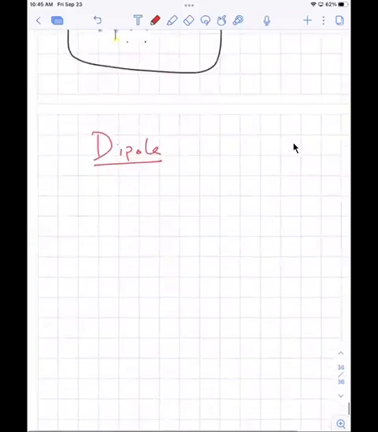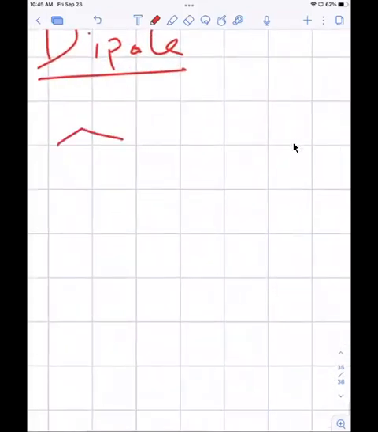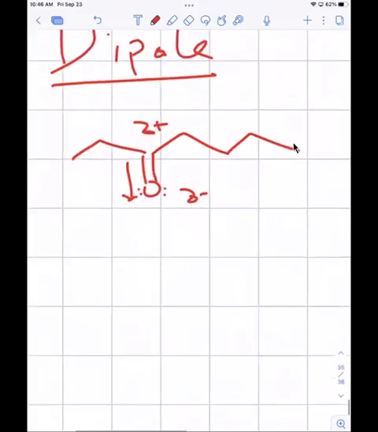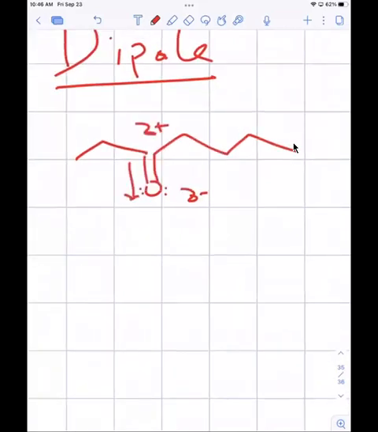So let's take that first one, the ketone. Right, you actually have polarized bonds that are present. So this is partially negative, that's partially positive. And then the next one that comes is going to be aligned in such a way that the negatives and the positives find each other.